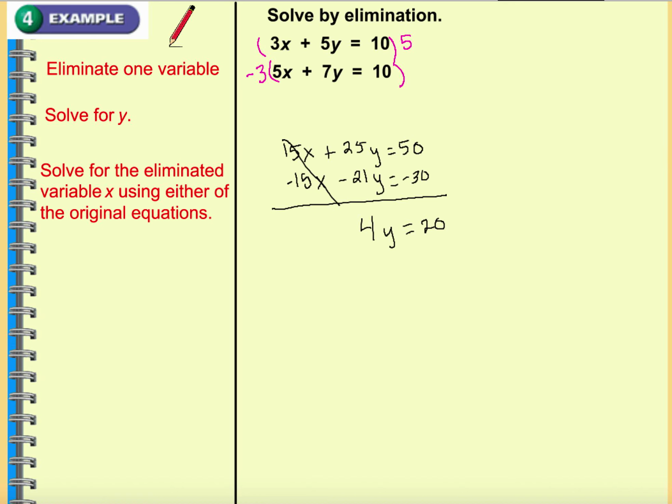We are only one step away from finding out what y is equal to. So we're just going to divide both sides by 4. And I get y is equal to 20 divided by 4, aka 5. Sweet. So I've got the y coordinate of my solution.